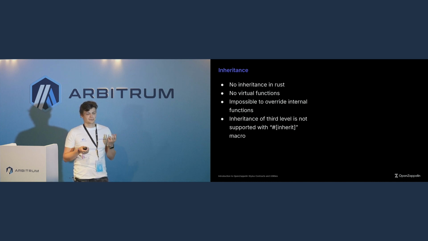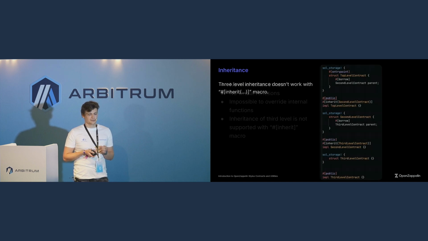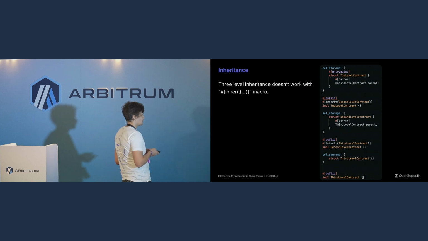Of course, it's reserved in Rust, but it is not part of the language. And the other problem is that there is an inherit macro in the Stylus SDK, but it doesn't work for 3 levels of inheritance. So here is an example of a contract that won't be able to compile.